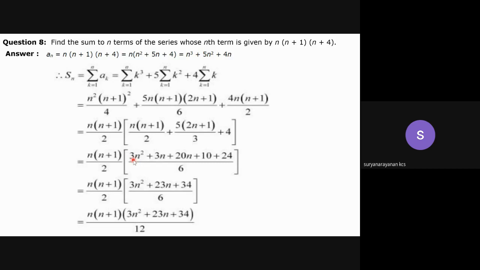Then we get here in the numerator 3n square plus 3n plus 20n plus 10n plus 24. Okay, my children, if you know how to add two fractions, how to simplify two fractions, then you can understand this numerator part.